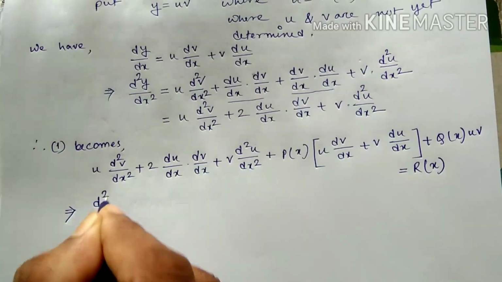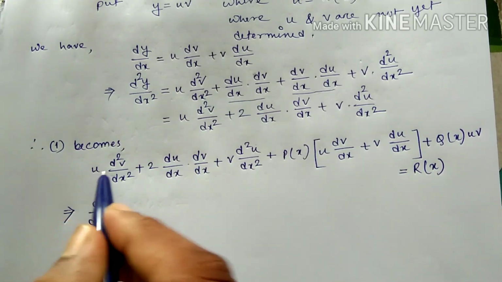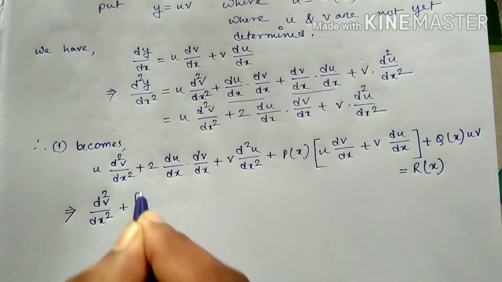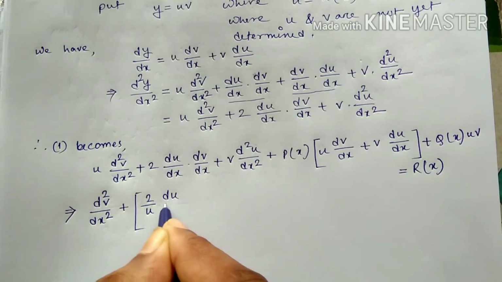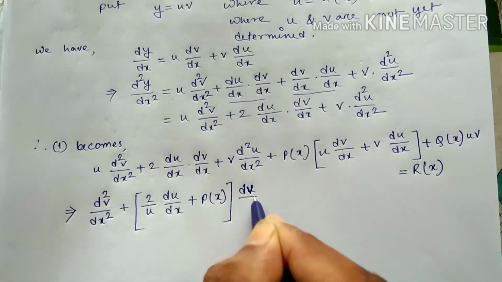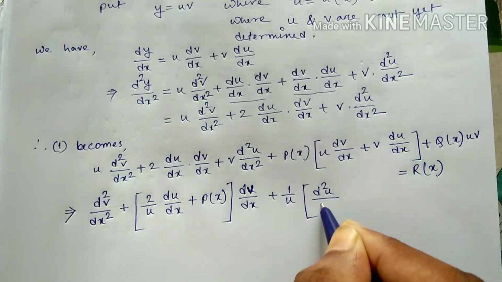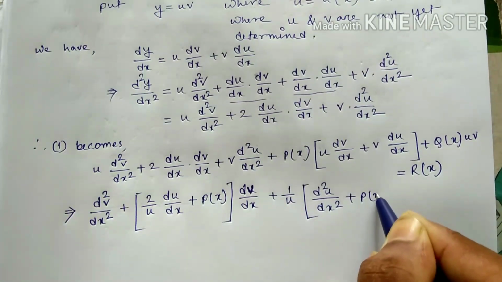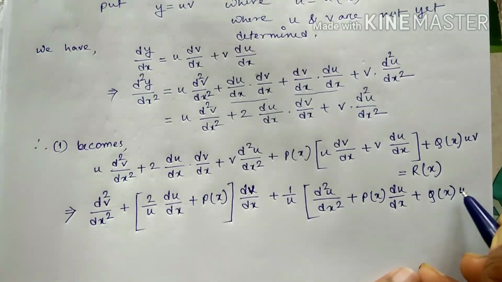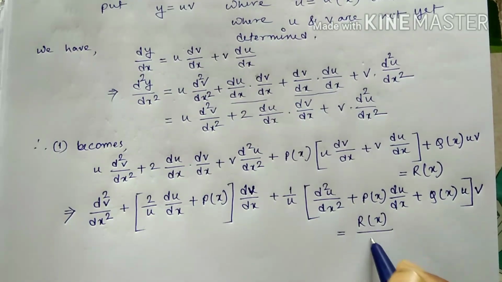This implies that, now we multiply by 1 by u on both sides, then u cancels out. d2v upon dx square plus, within brackets, 2 by u du upon dx plus p of x, into dv upon dx, plus 1 by u within brackets d2u upon dx square plus p of x du upon dx plus q of x u, into v, is equal to r of x divided by u.